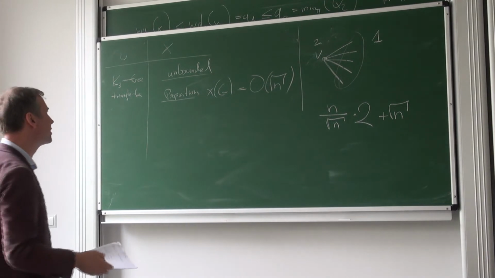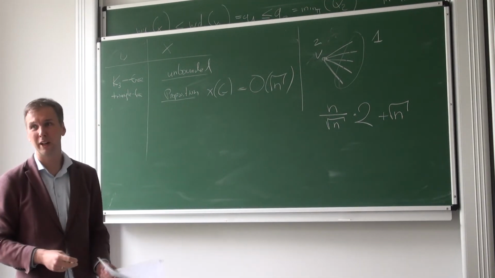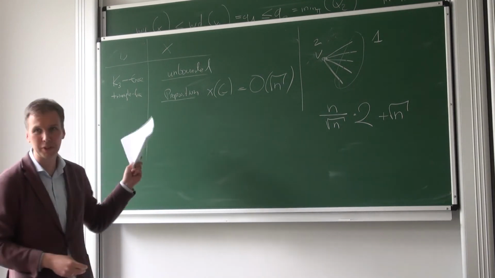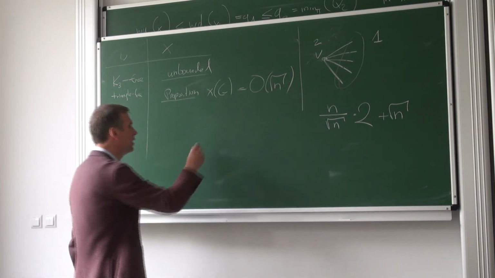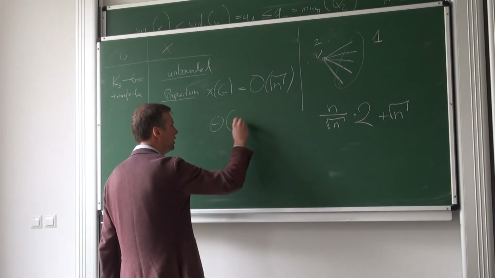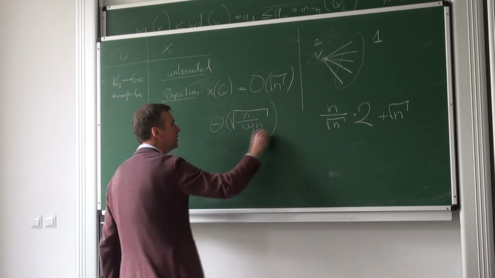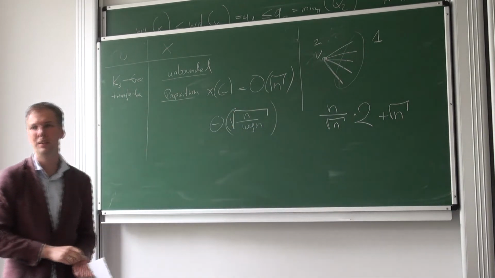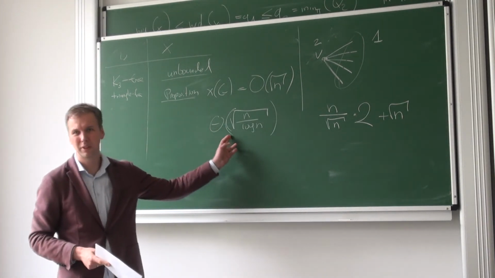So actually, this is not far from what we know: we know exactly the asymptotics of the maximum chromatic number of an n-vertex graph without a triangle, and it's theta of square root of n. I actually never read the lower bound.